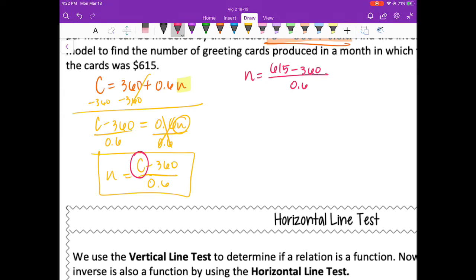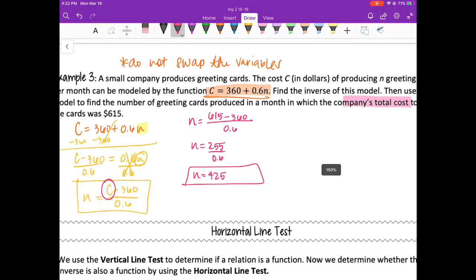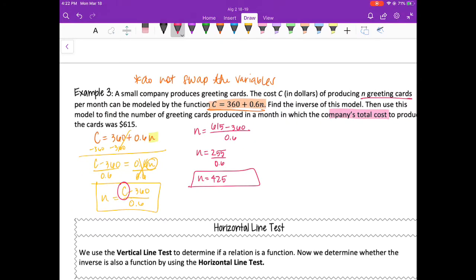We want to do that subtraction first. 615 minus 360 is 255, divided by 0.6, that gets us 425. Now, what did N stand for? Oh, N greeting cards. So if their cost was $615, that means they made and or sold 425 cards. Cool.